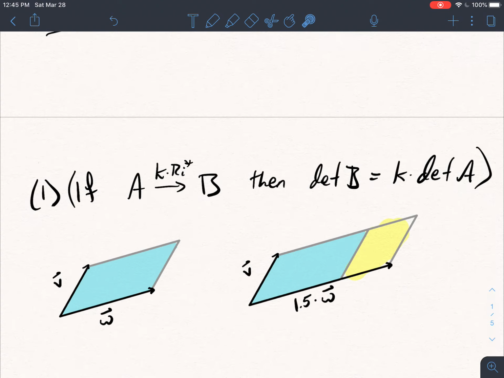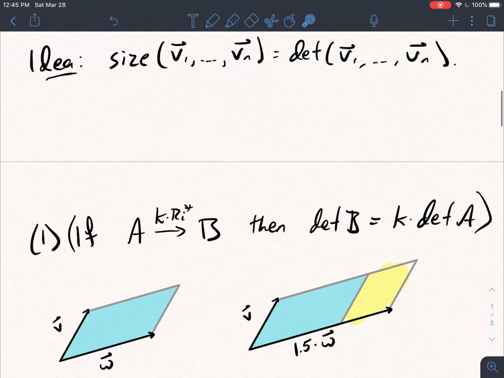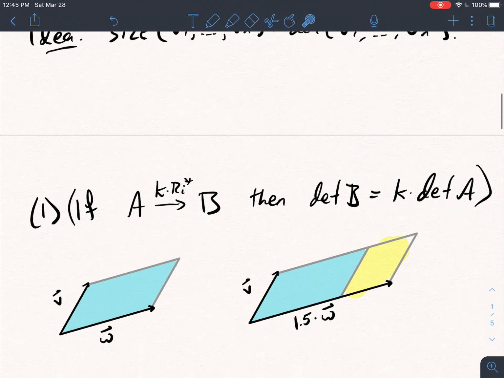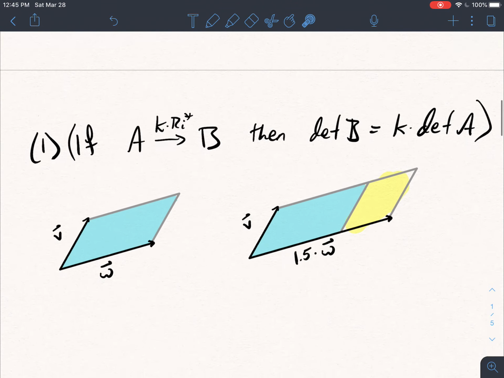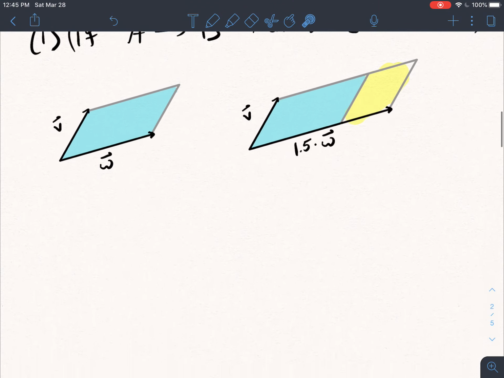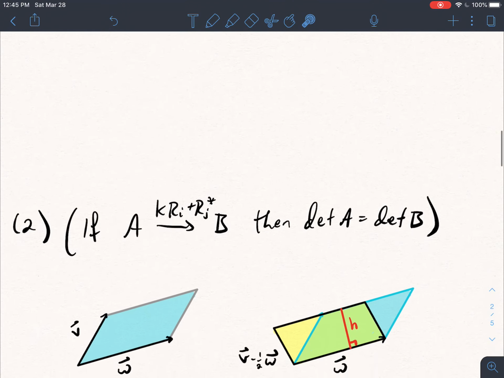So this property is satisfied. If I scale one of my vectors, then that would scale the entire area or volume for boxes by the same factor. So this first property of determinants is satisfied by the size function being area or volume. So that first one is okay. That one works.